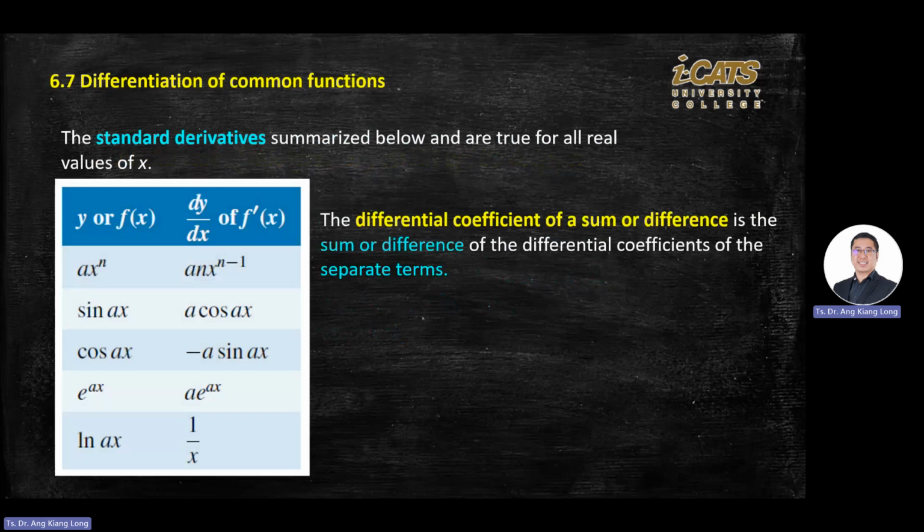The sine will become cos, pull the constant a to the front, and do not change the ax in the sine.